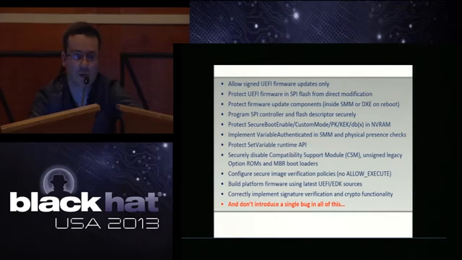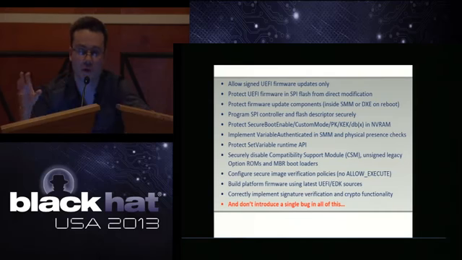They program the SPI controller and the flash descriptor correctly. They protect the secure boot enable and all the keys for secure boot in NVRAM. They implement authenticated variables in the SMM and the physical presence checks required to update some of the variables. They protect the SetVariable API. They securely disable the compatibility support module, which allows you to boot legacy OS or legacy option ROMs on top of UEFI BIOS.